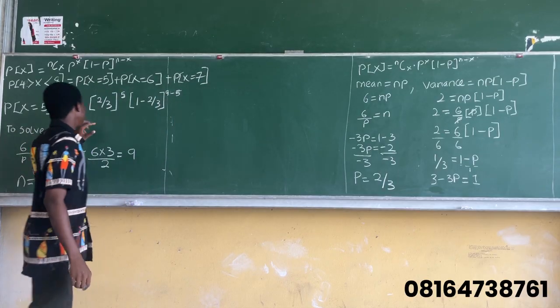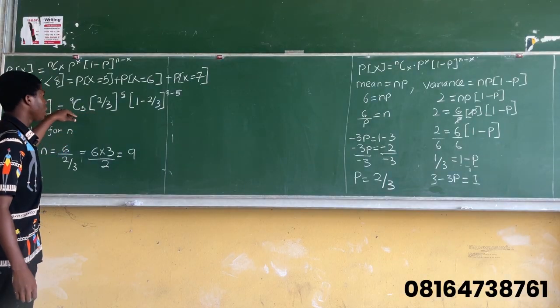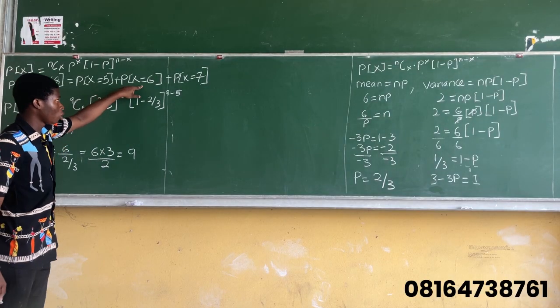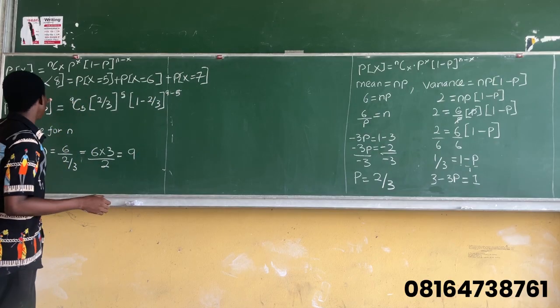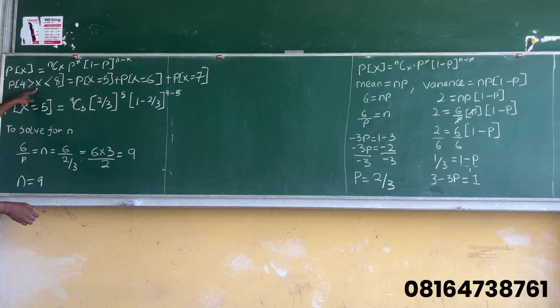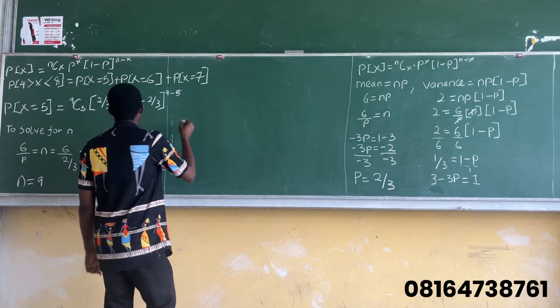So we are going to be repeating this same procedure for x equals 5, for x equals 6, and x equals 7, and then summing them up to get the probability that x is greater than 4 but less than 8. So let's work this out.